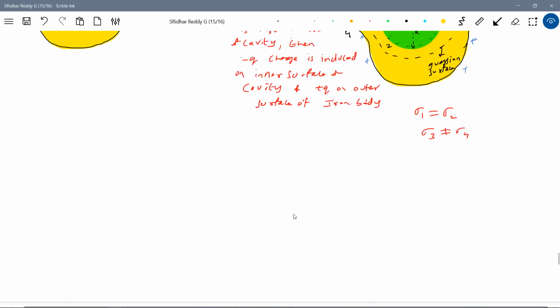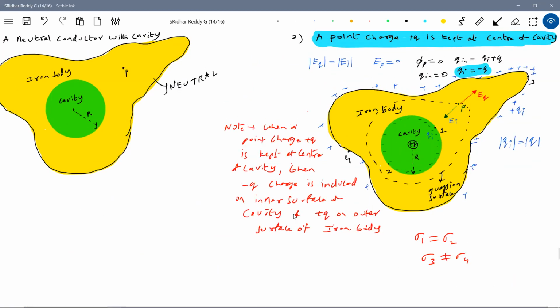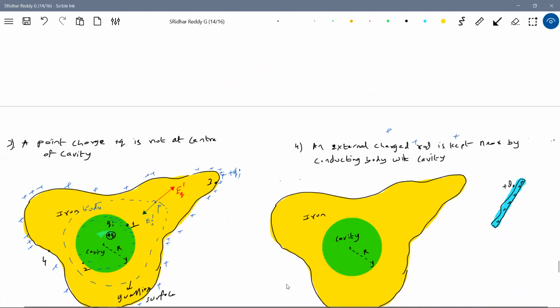Okay, come for this. Just we had some conclusion previously. After moving this point charge, what I came to know, this charge distribution will not change. Whereas here, it will change. Okay, agreed? This one, the condition.